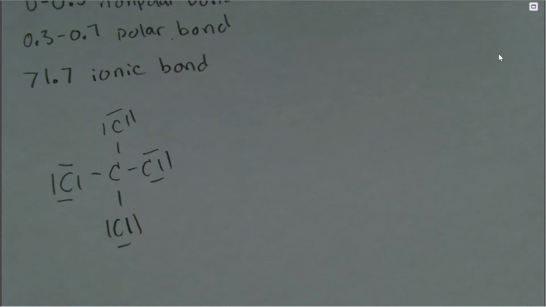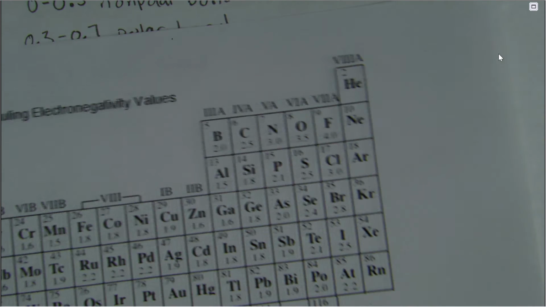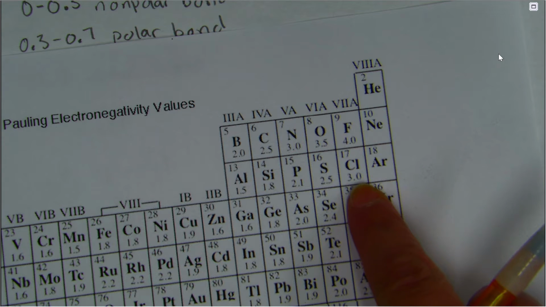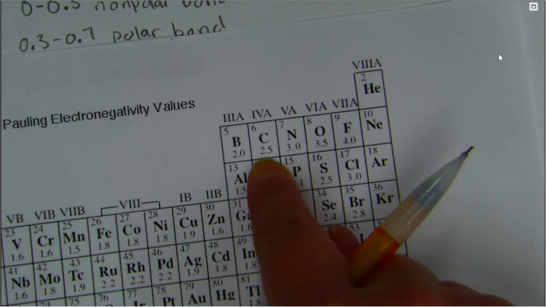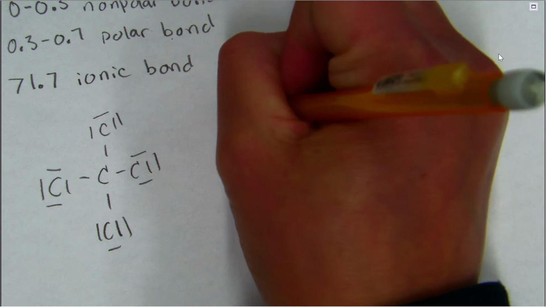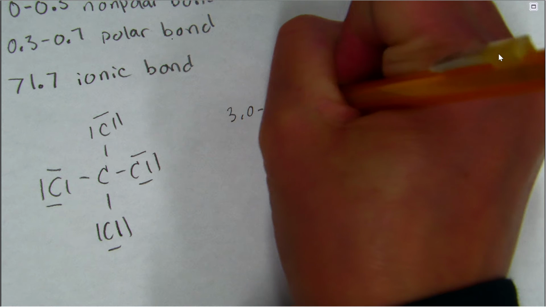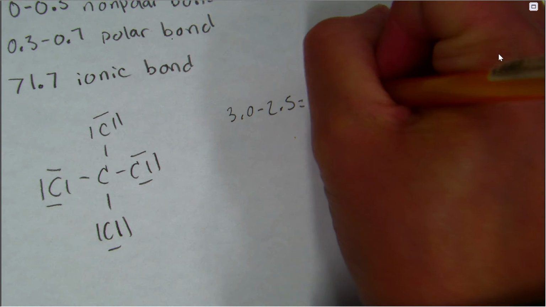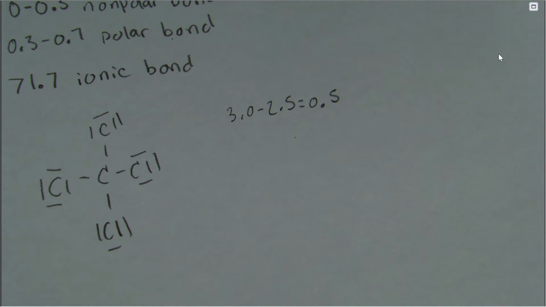In order to do this, we're just going to do a subtraction. It's always going to be the higher number minus the lower number to give us a positive value. So chlorine has a value of 3, and carbon has a value of 2.5. If I subtract 3 minus 2.5, that gives me a value of 0.5.